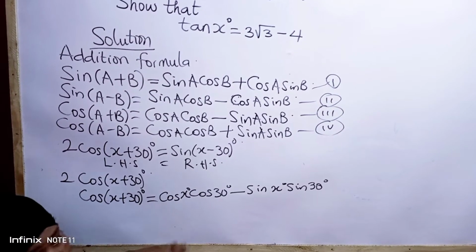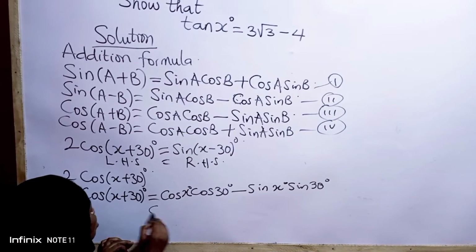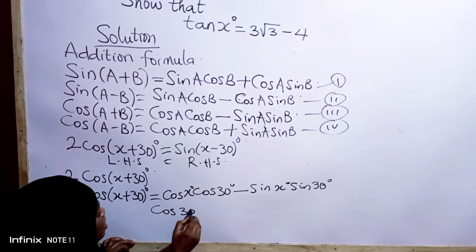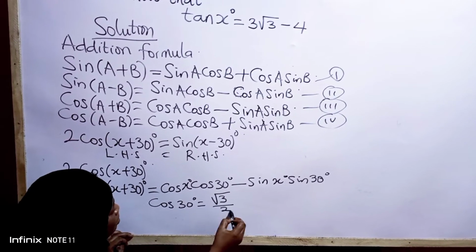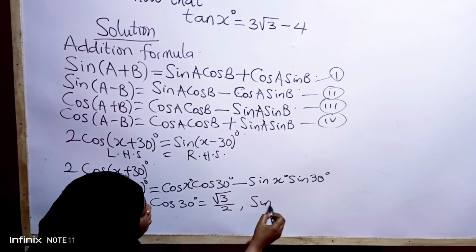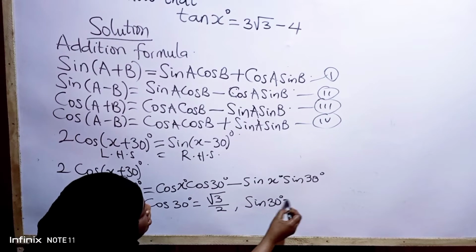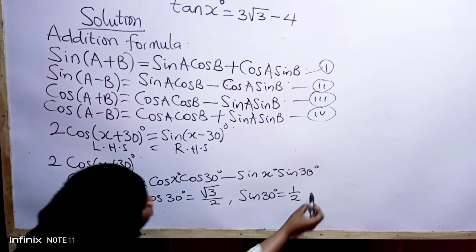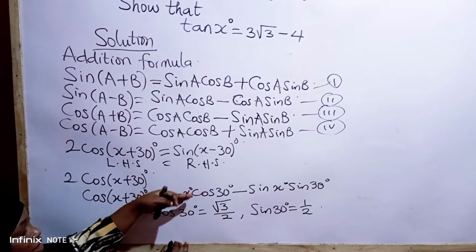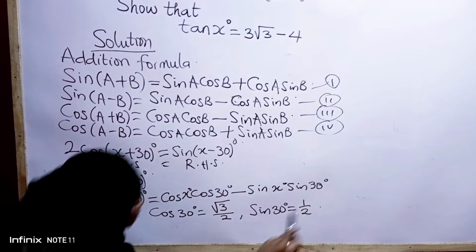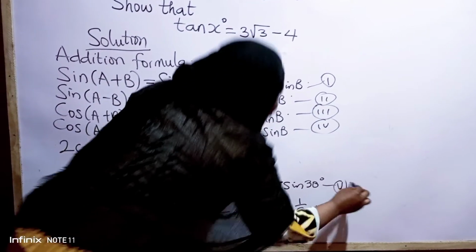You still have to know that cos 30° is equal to √3 over 2, and sin 30° is equal to 1 over 2. After knowing that, we are going to substitute all these values inside this equation. Let's name it equation 5.